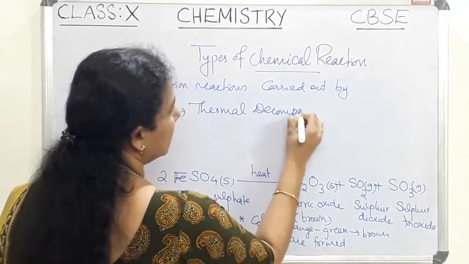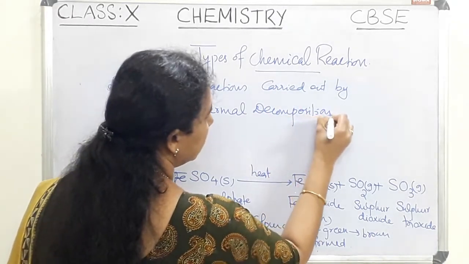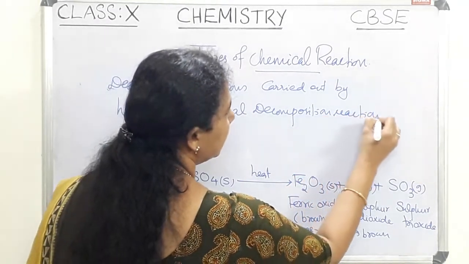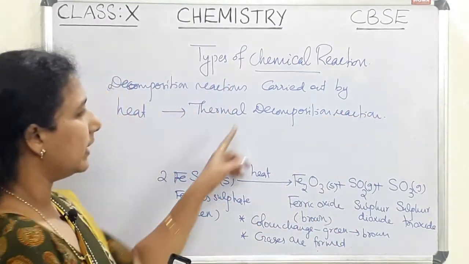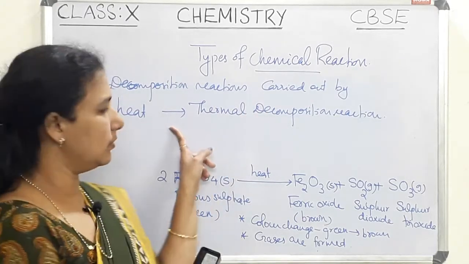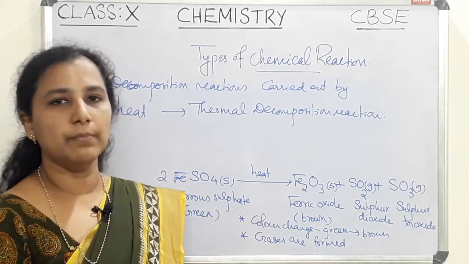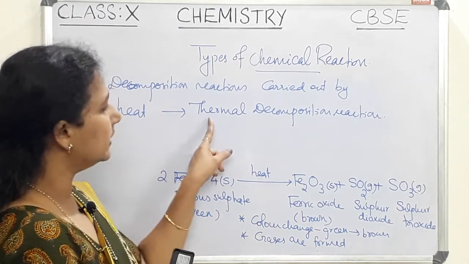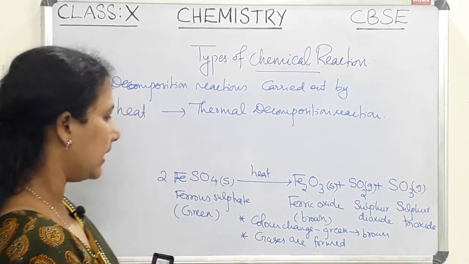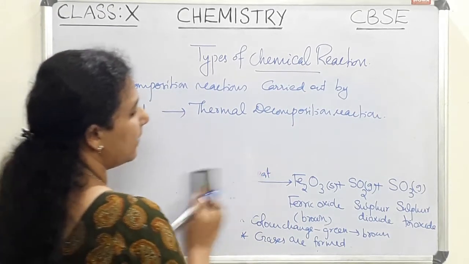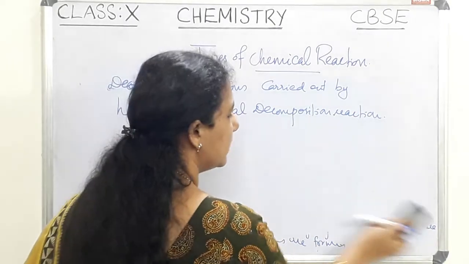So thermal decomposition reaction means decomposition reactions are carried out by heat. So heat energy is needed in this case. So we can write two more examples of thermal decomposition.